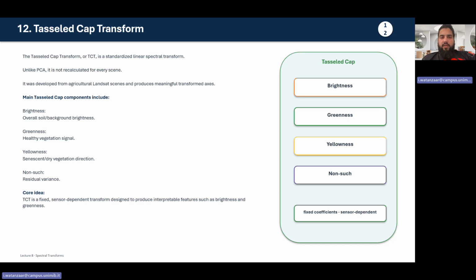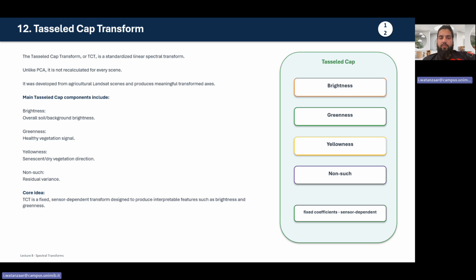Unlike PC, it is not recalculated for every scene. This is a standardized spectral transform, not like PCA or PCT, which are recalculated for every scene. Why do we recalculate? Because we see it is data dependent. For temporal data we can have multiple images, so we need to calculate again for new acquisitions.